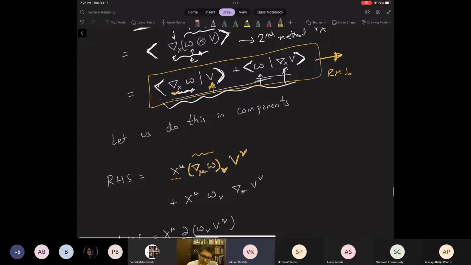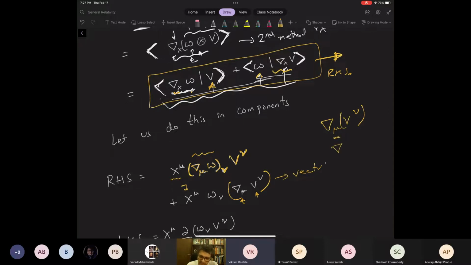Similarly for the second term, I take x mu outside, and now I'm acting with the derivative on v. This derivative we've already seen how to do. Now I take the dot product. The result of this is a vector. Remember that when I write del mu, I don't really mean the mu-th derivative of the v nu component.